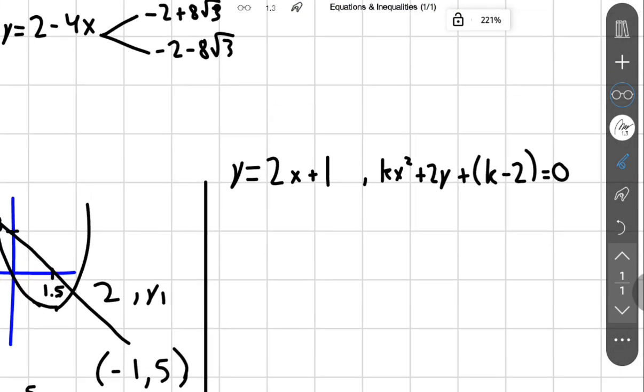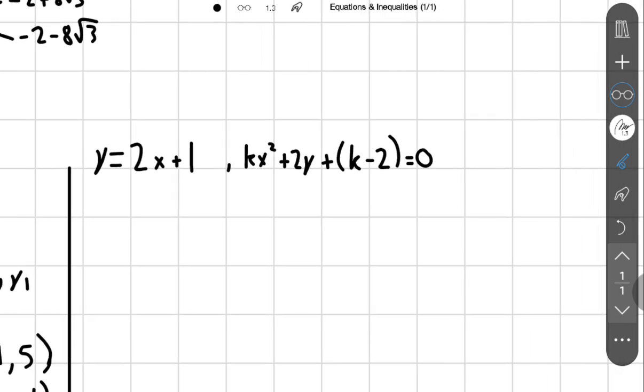Okay, we have this question where we're given two equations, and these two equations intersect together at exactly one point. The idea of what I was talking about, the discriminant and how we could use it to determine how many points of intersection there are, we could use it in this one.